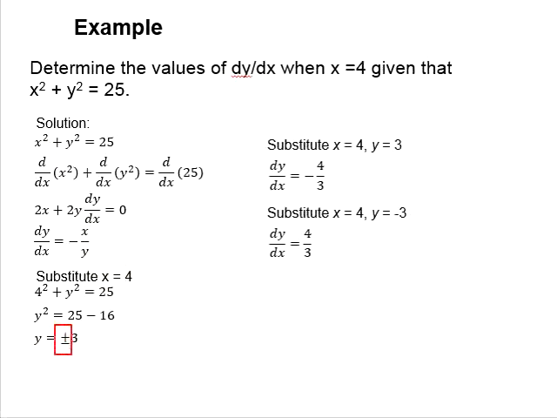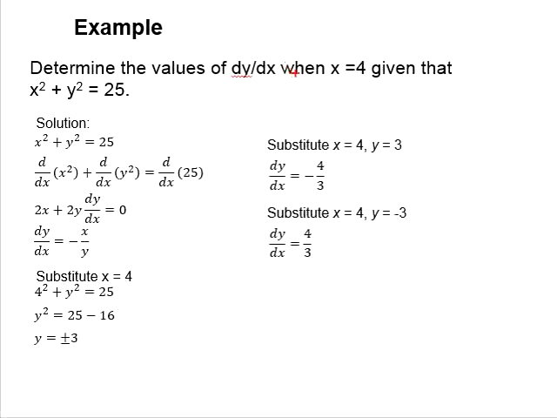The plus minus appears after you square root the remainder of 25 minus 16, which is equal to 9. The square of minus 3 and plus 3 both will give you 9. Therefore, the plus minus 3 will be adopted.